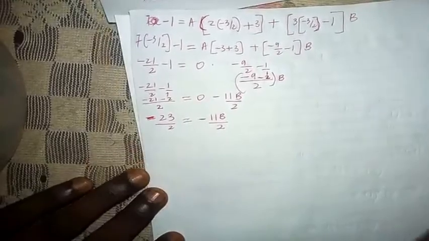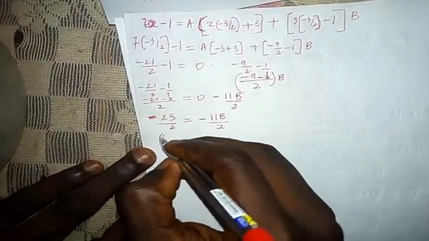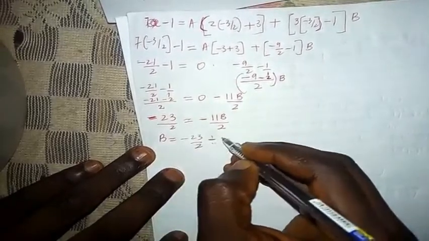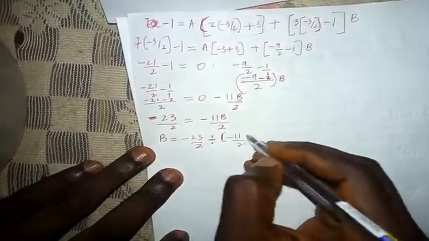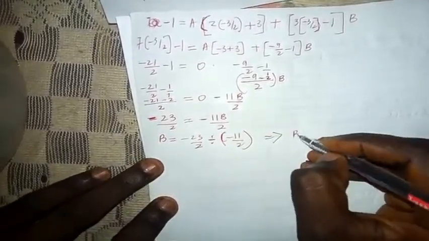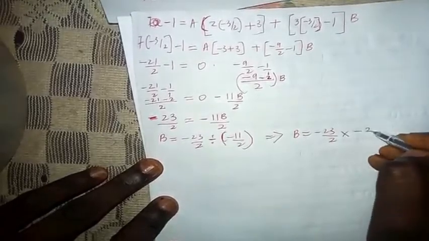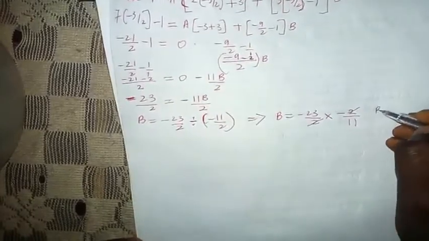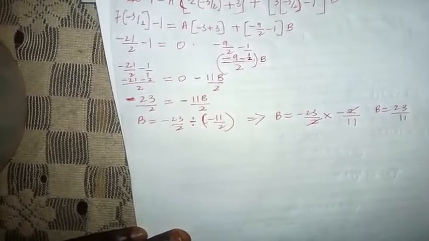Do you understand? So b is equal to minus 23 over 2 divided by minus 11 over 2. That will be minus 23 over 2 times minus 2 over 11, so b will be equal to 23 over 11. That's b.